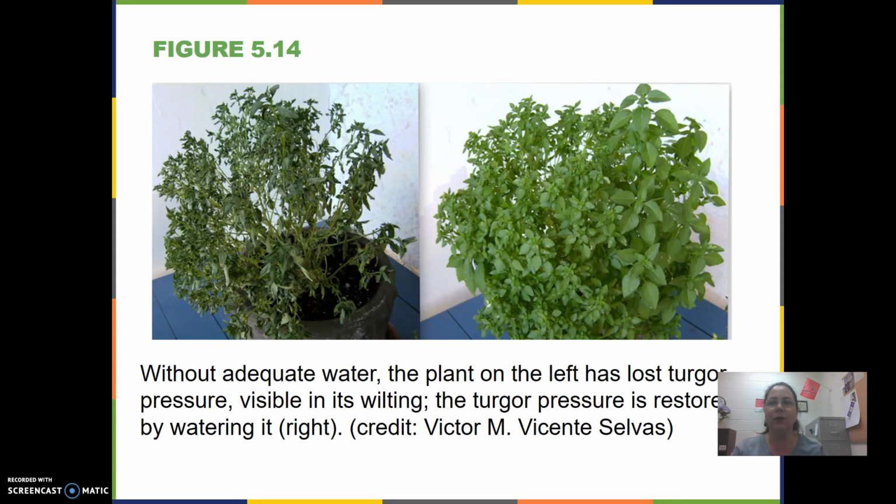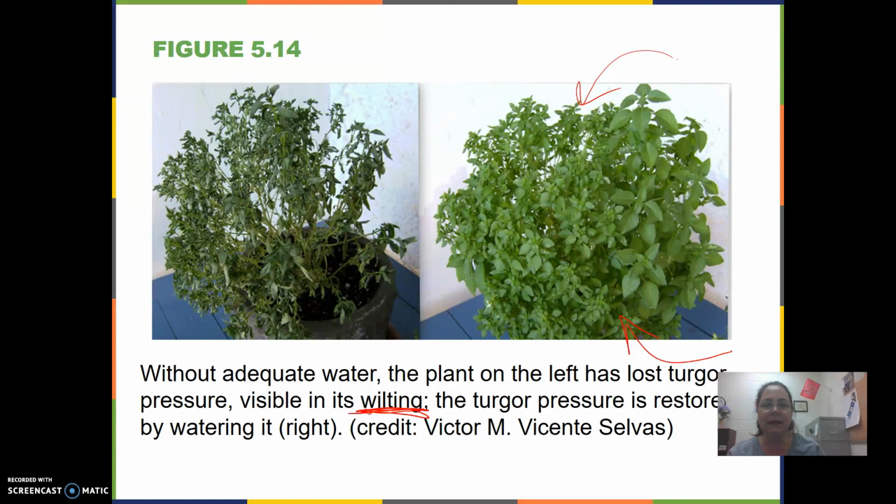And this is an example. On the left, without adequate water, the plant will lose turgor pressure and it will wilt. And you can restore that turgor pressure by watering it with a hypotonic solution, because water is going to enter, and it enters from the roots, I know, but it's going to enter the plant, and the plant cells will individually swell, but they won't burst because of the plant cell walls.